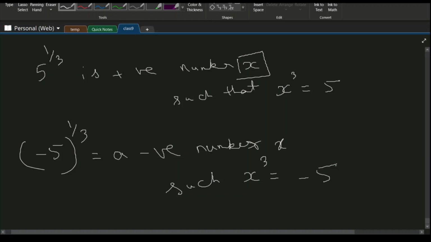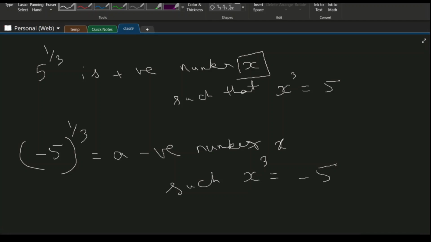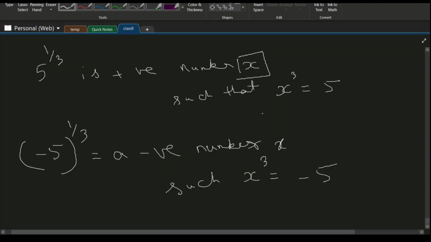Yes, sir. Okay. So for now, let's stop here today. This is a new thing that we studied, so we'll continue on the exponents next time.